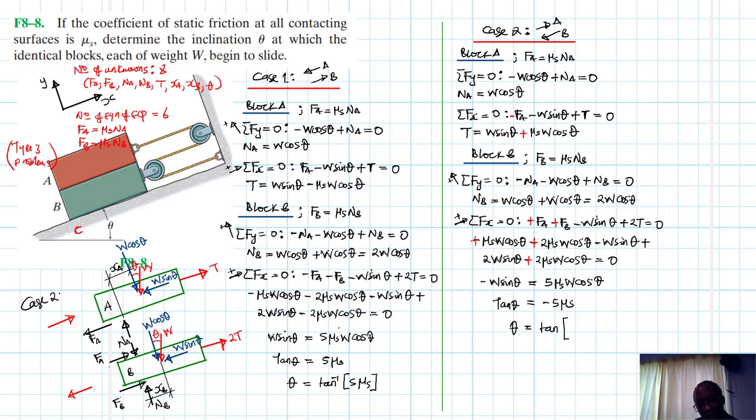Tan inverse of minus 5 mu s, and we know that mu s can never be negative.